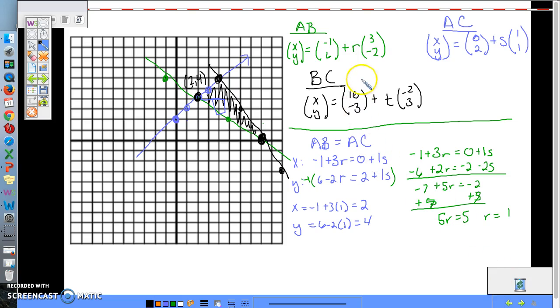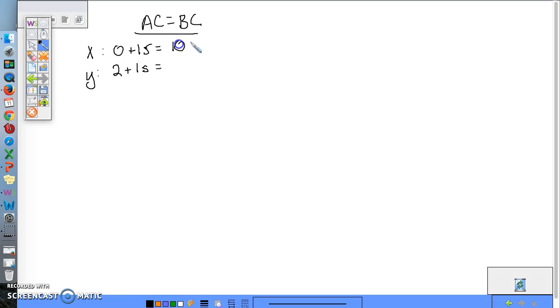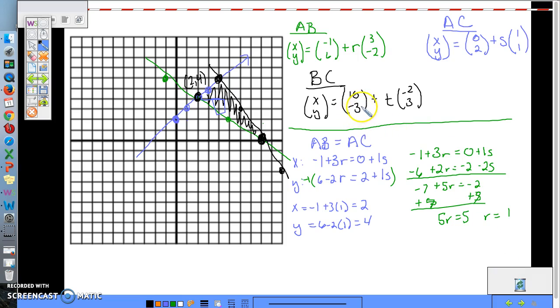And then our BC line, x is 10 minus 2t, and our y value right here is negative 3 plus 3t.